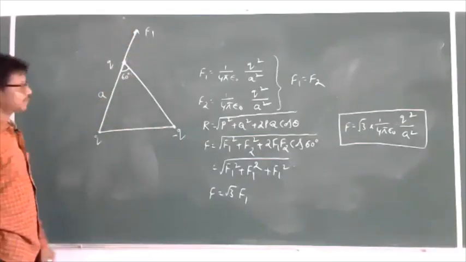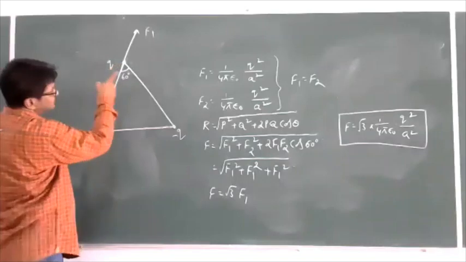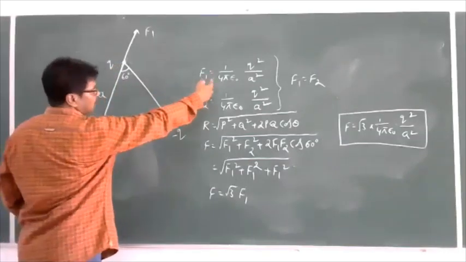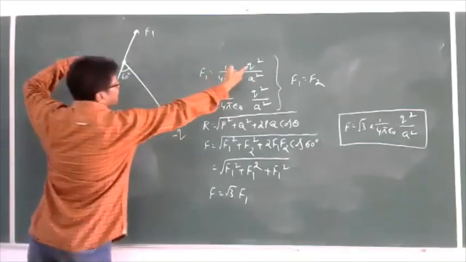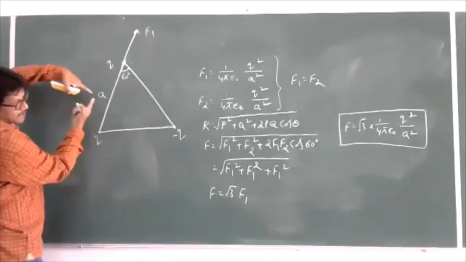And here, F1 is equal to the same formula, 1 by 4 pi epsilon naught Q into Q, Q square divided by A square.